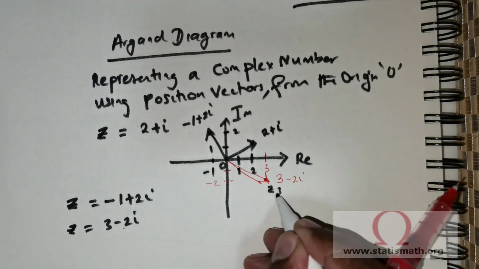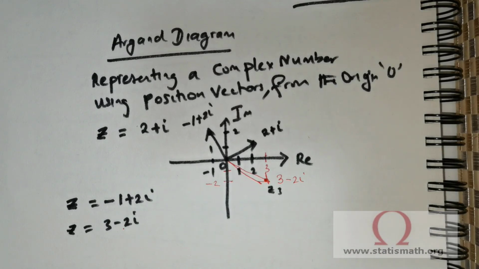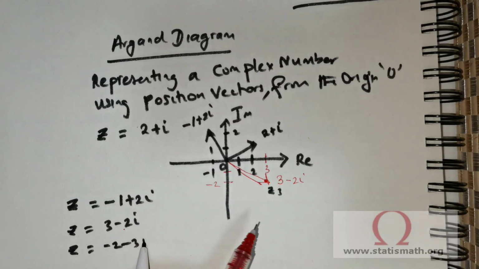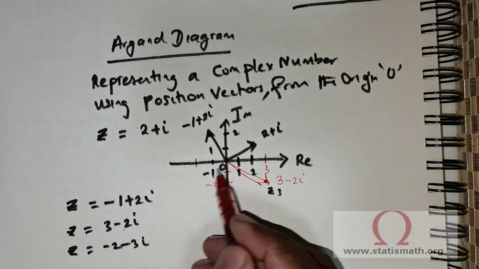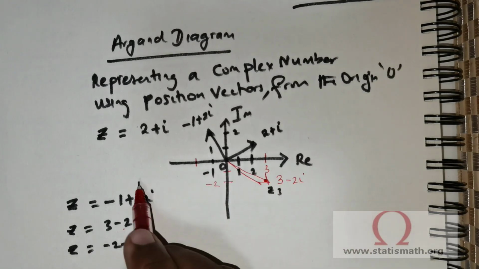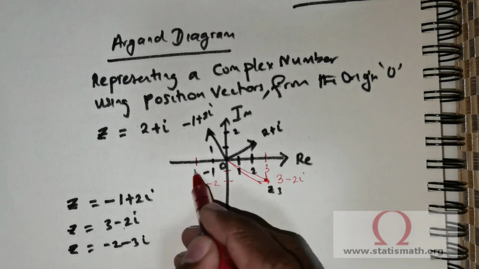Okay, so z3. If you were given another complex number, say z is equal to -2 - 3i, then for -2 you have to go on the negative part of the real axis, on the real part.